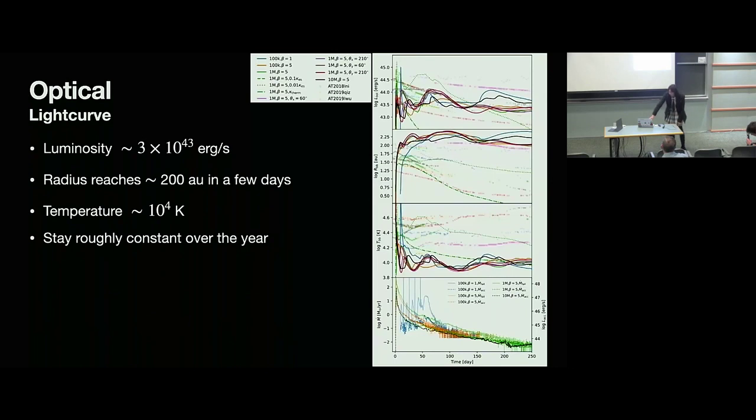The luminosity we got is roughly 3 times 10 to the 43 ergs per second, and the radius expands at the start and remains at about 200 AU for the rest. The temperature is always about 10 to the 4 Kelvin, and they all stay roughly constant over the year.